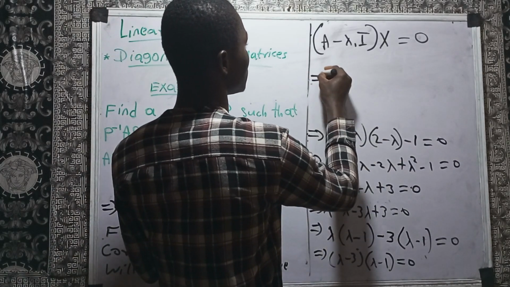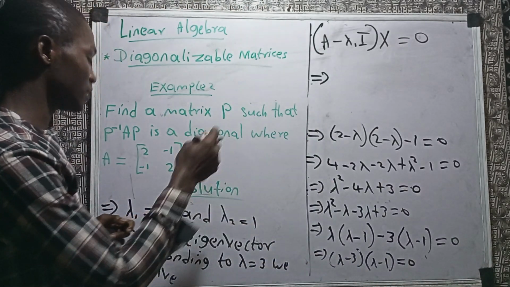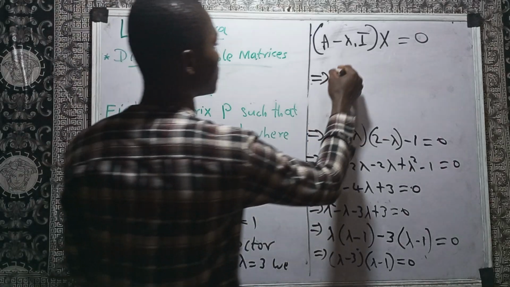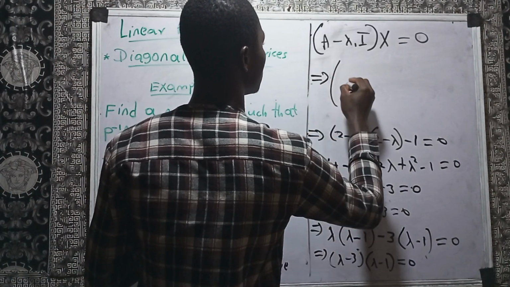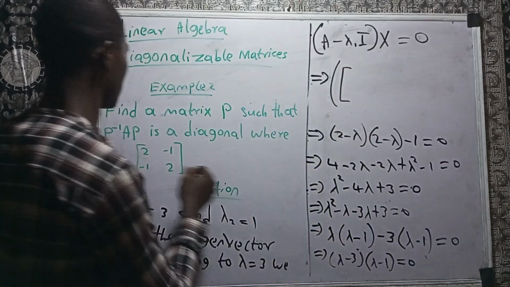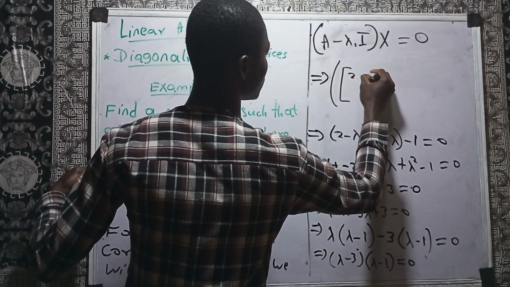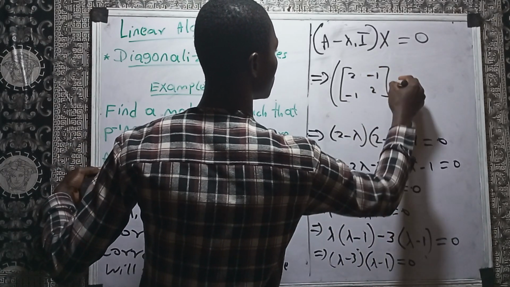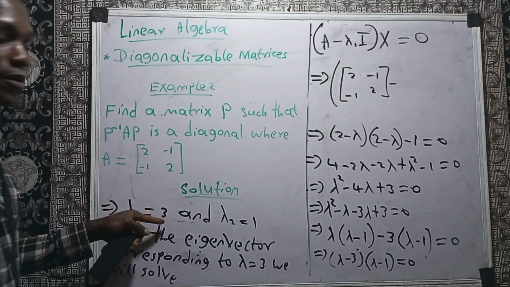So this implies, so let's put our matrix A. Our matrix A is given on the board. So we put our matrix A, I have entry 2, negative 1, the other entry, negative 1, 2, minus, what is our lambda? If lambda 1 is what? 3.